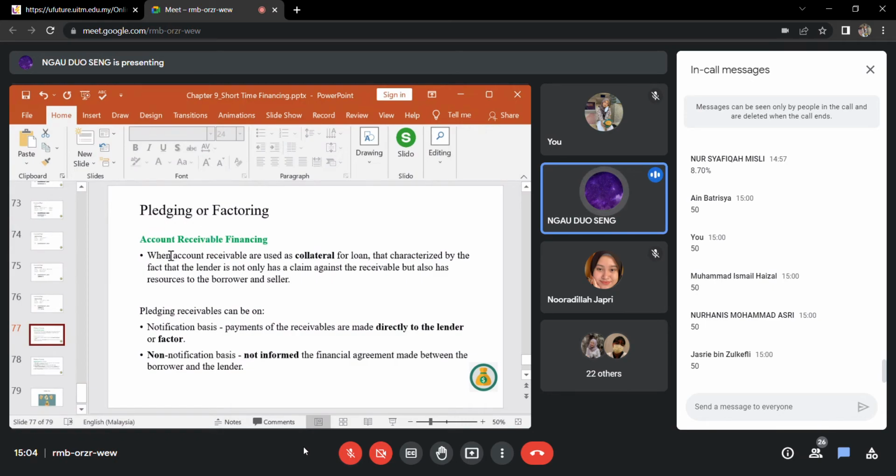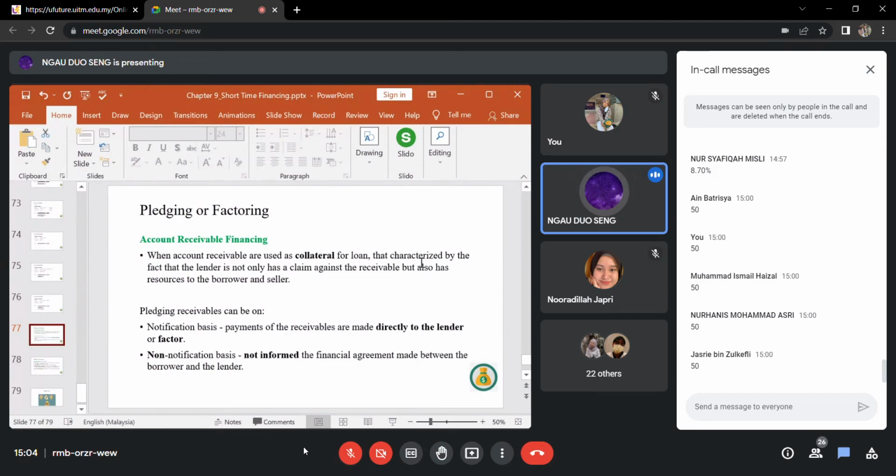Account receivable is a customer's account, meaning that the customer will pay you in the future. So you can see a company can use account receivable to give to the bank, or pledge to the bank for a loan.